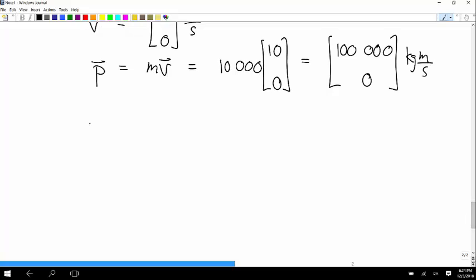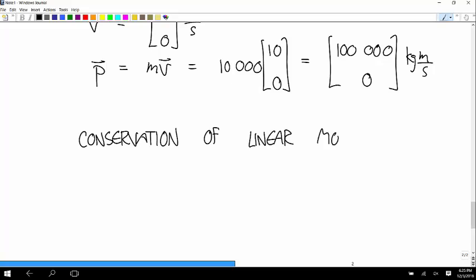Okay, so conservation of linear momentum now says this.